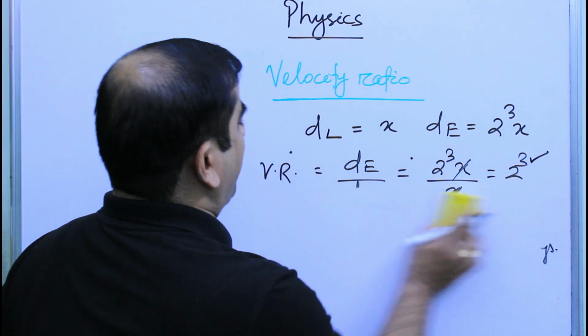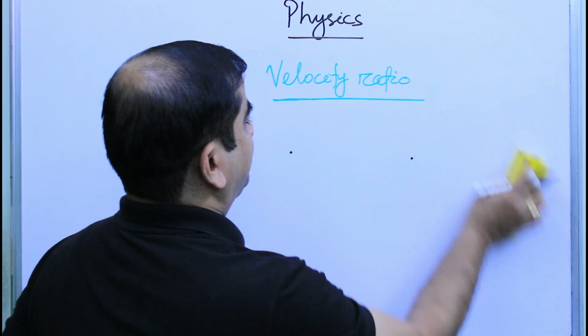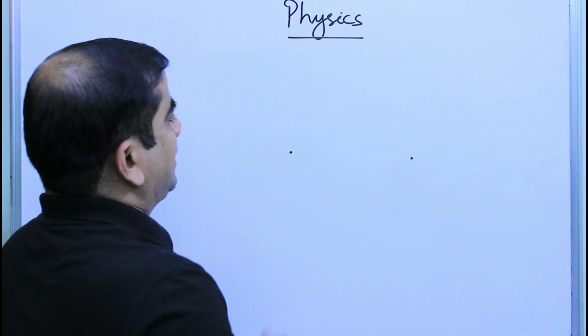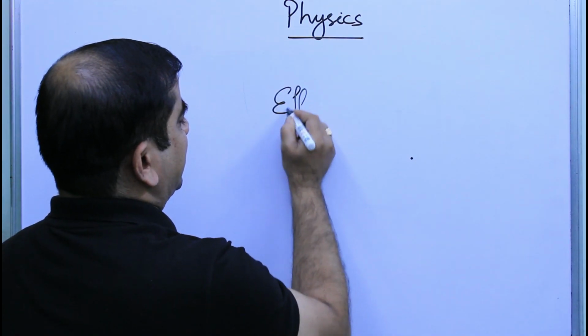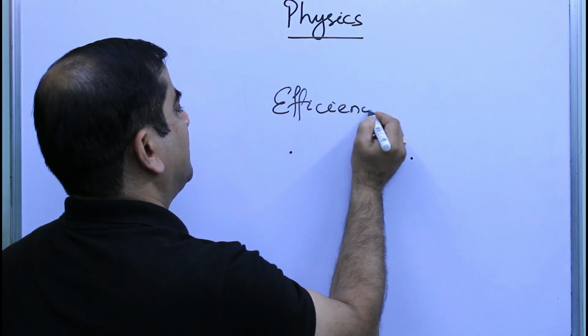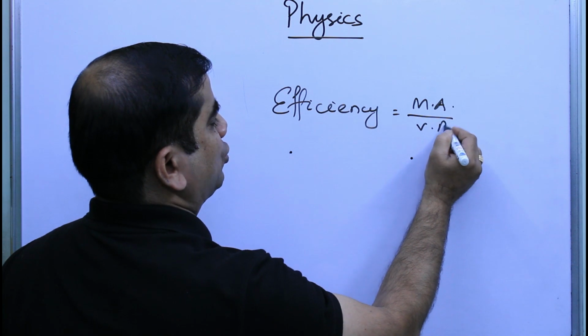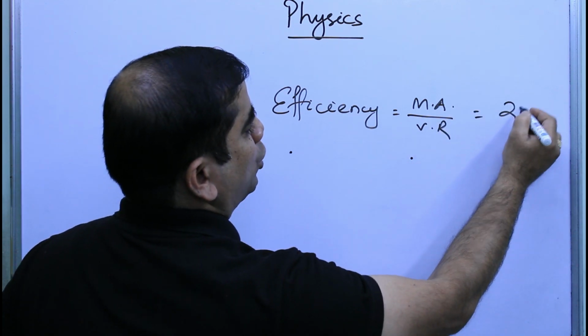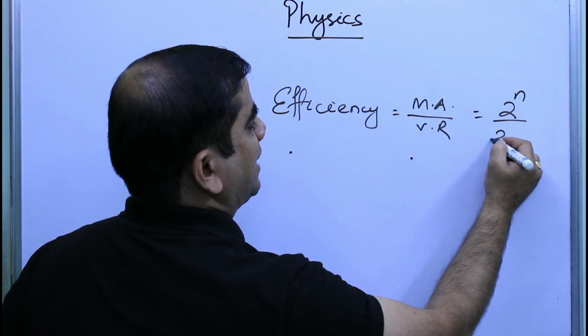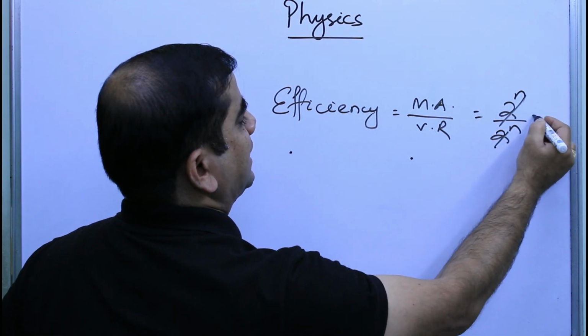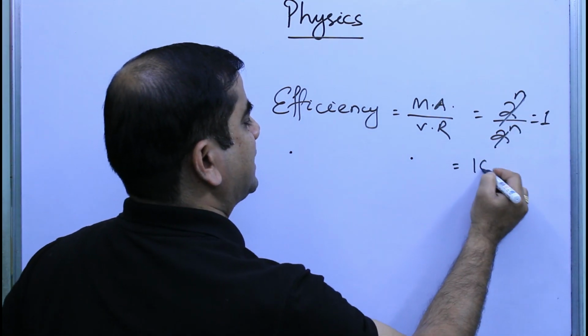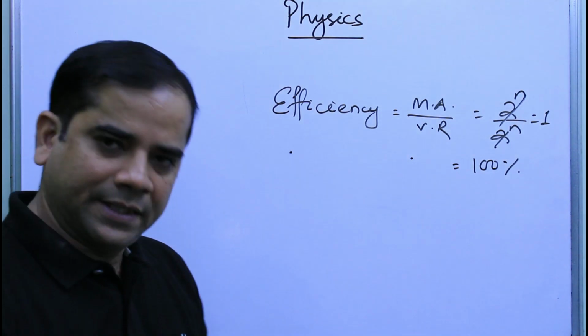So what is happening with the efficiency then? So efficiency, which is the ratio of mechanical advantage and velocity ratio, has to be 2 to the power n divided by 2 to the power n, that is equal to 1, or you can say 100%.